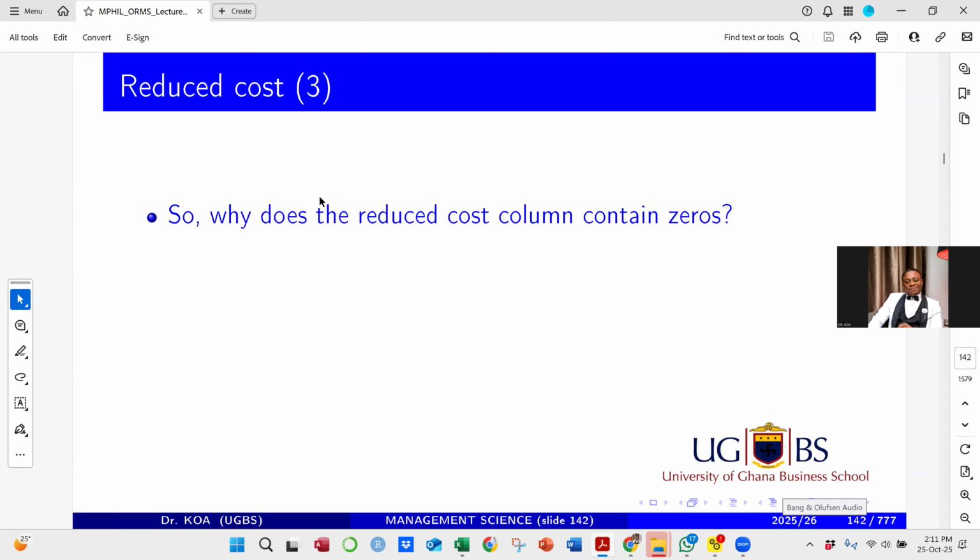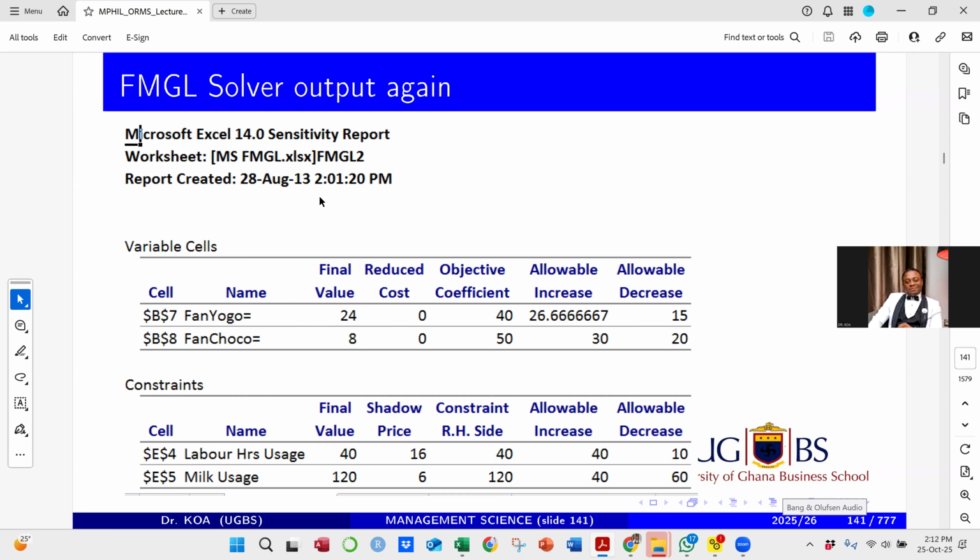Number 3, the constraint is also said to be binding when the shadow price is positive, not non-negative, but when the shadow price is positive. So take note of these 3.